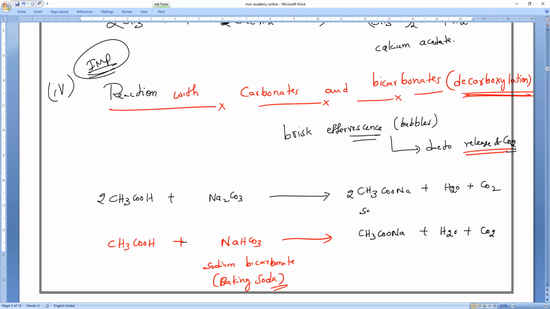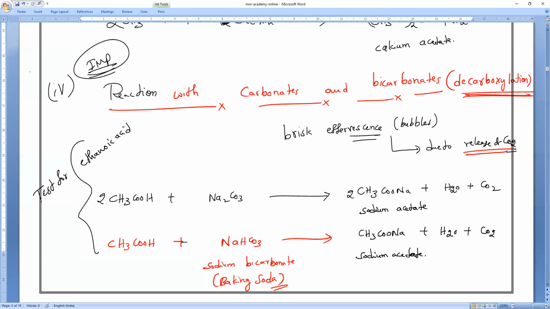What is the name of this product? Sodium acetate. Remember, this is one of the tests for identifying ethanoic acid. Note that also: the sodium hydrogen carbonate test.